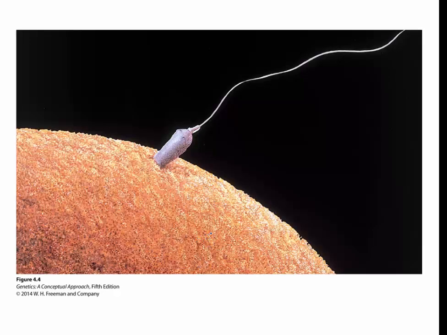In fertilization, a sperm fertilizes an egg. The sperm would have either an X or a Y, and the female would have just one X. So that's an either-or situation for the sperm.